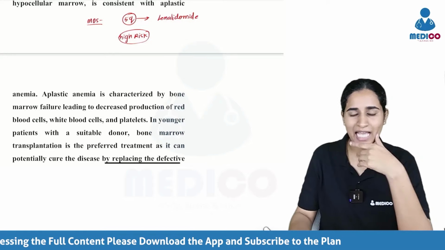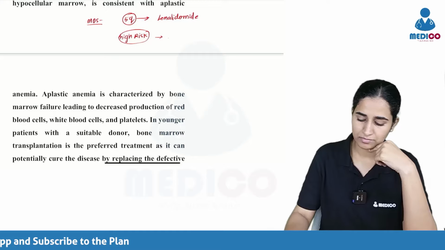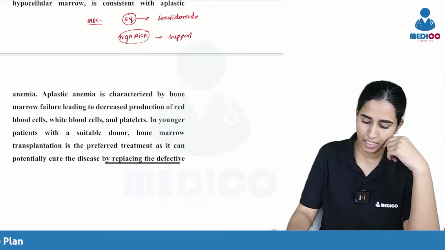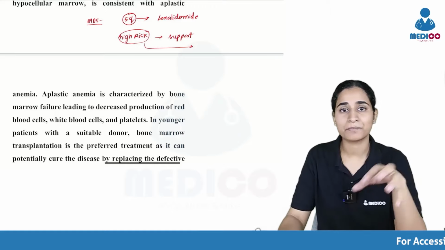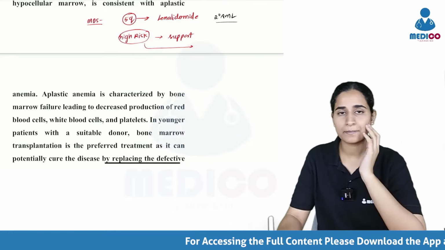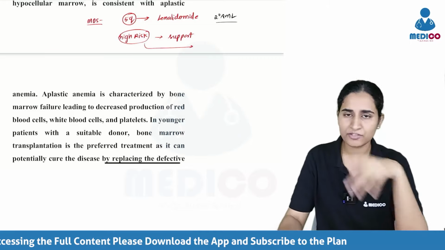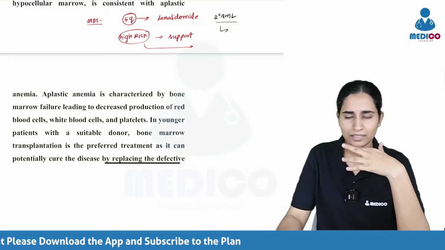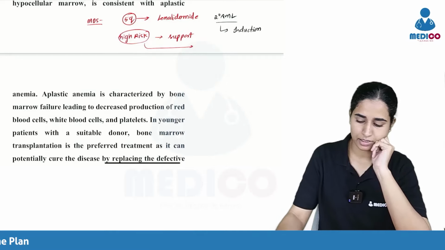If the patient is having anemia, you can give erythropoietin stimulating agents and just support him. That's it. And there is a theory called MDS-related AML, or secondary AML arising from MDS. So your MDS is like a pre-malignant condition which can progress to AML. If it's progressing to AML, you can treat it like AML only. You'll give induction chemotherapy.